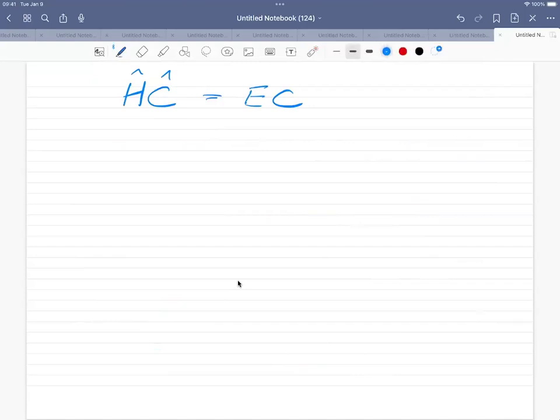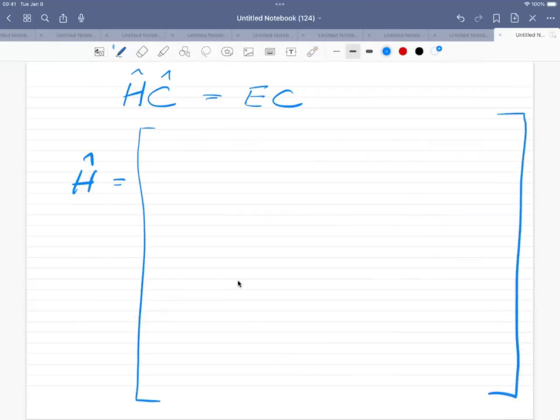And this H, which we have here, is what we will call the Hamiltonian matrix. Let me just set this up. In our case, this is going to contain these elements, phi 0 with H phi 0.